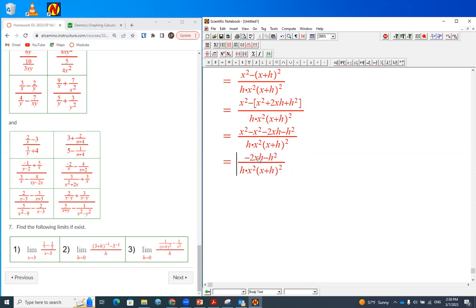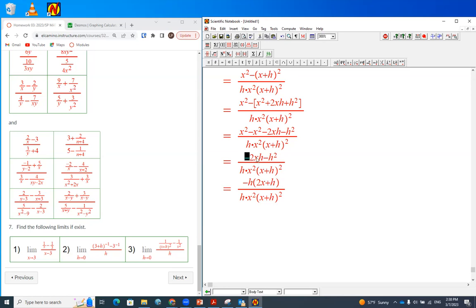And the next step, we can factor out the h on the top. You can even factor out the negative h on the top if you wish. So negative h is factored out, and inside the parentheses, this h is gone, so we only have one h left. And of course, this is going to be plus, because we factored out the negative h.